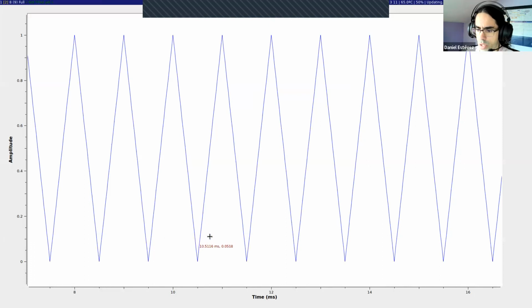But I prefer to use the sawtooth because it's more simple to compute basically the numbers we need, because as we can see, the triangle takes half a period to ascend and then another half to descend, whereas the sawtooth takes the full period to ascend and then it descends instantly.